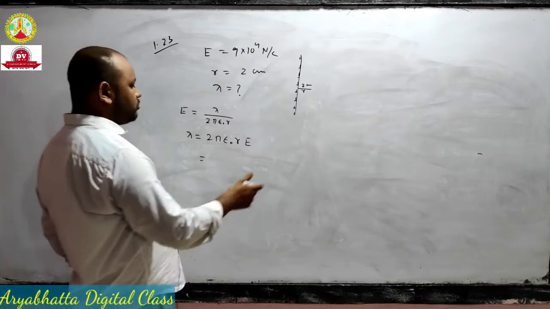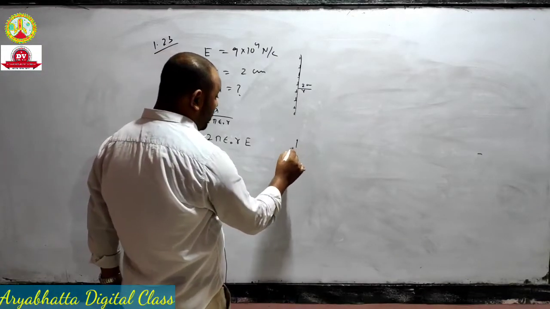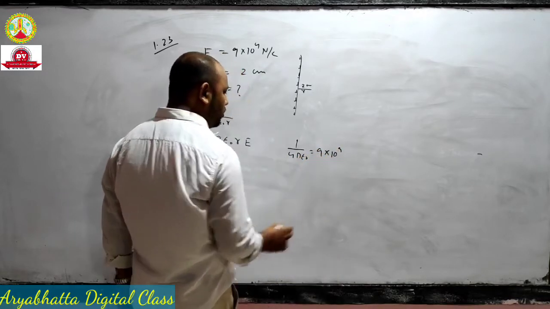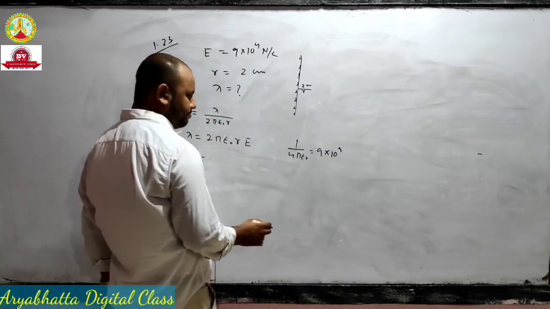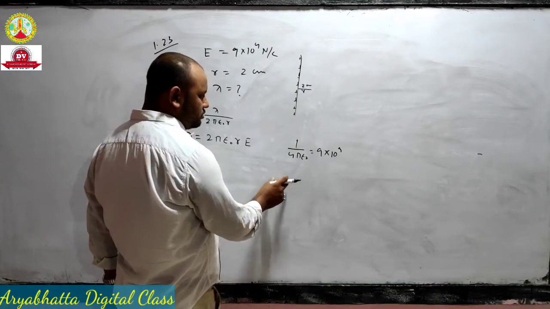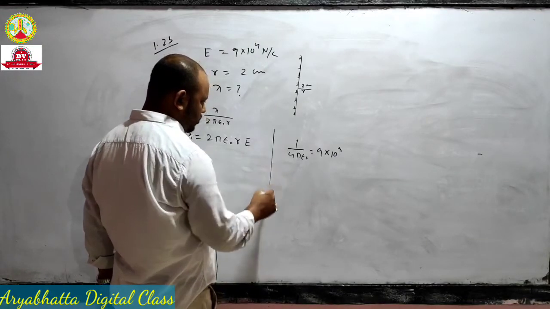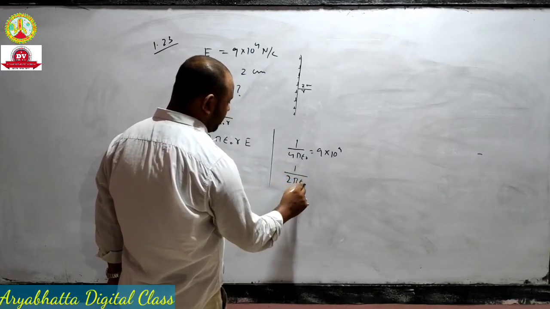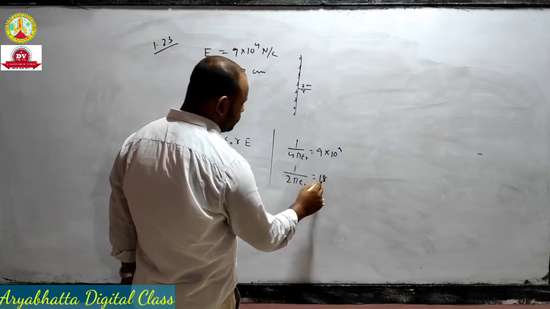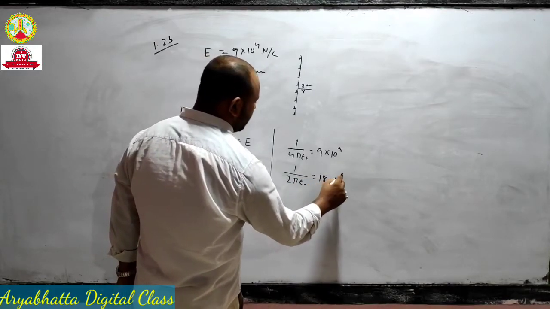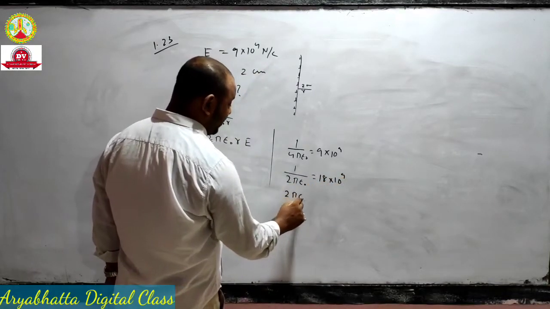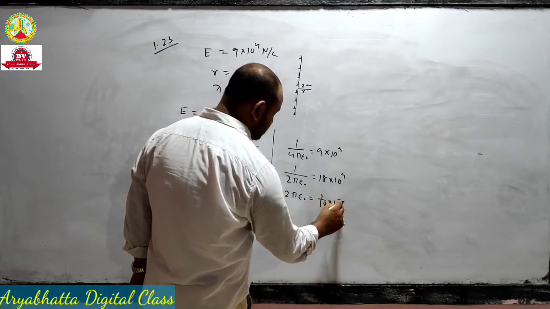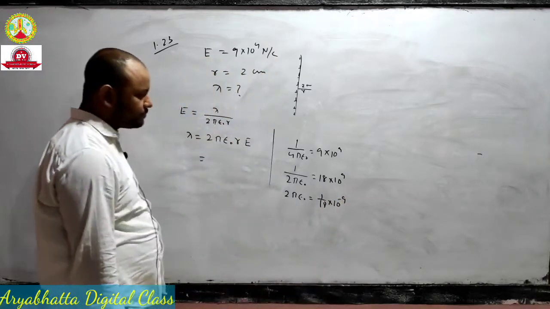So what is the value of 1 by 4 pi epsilon naught? It is equal to 9 into 10 to the power 9. So 1 by twice pi epsilon naught will be 18 into 10 to the power 9, or twice pi epsilon naught will be 1 by 18 into 10 to the power minus 9.